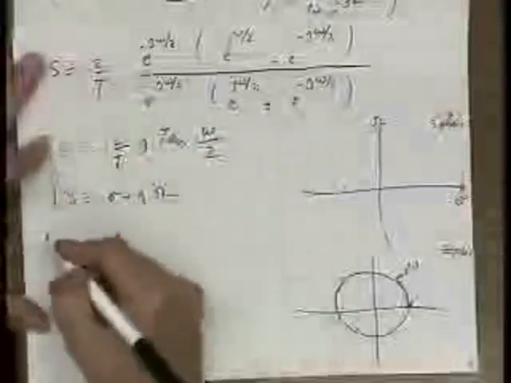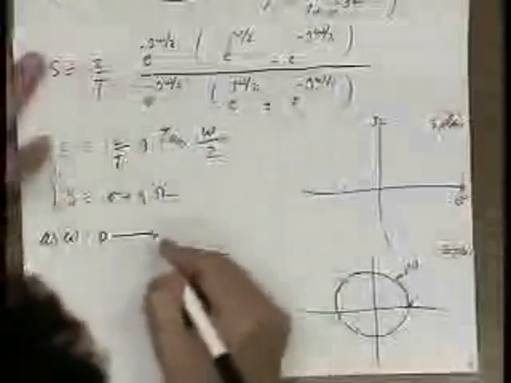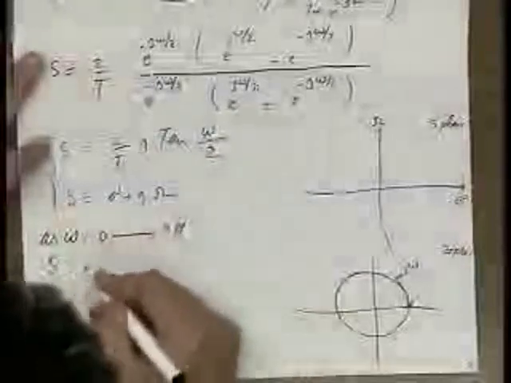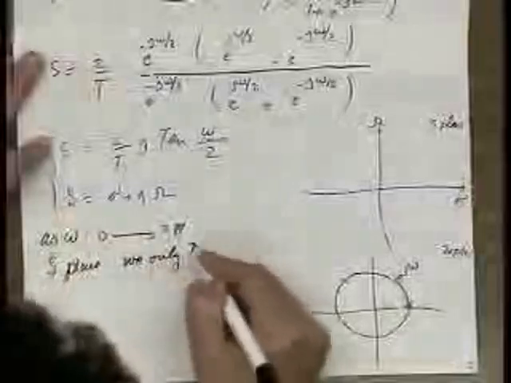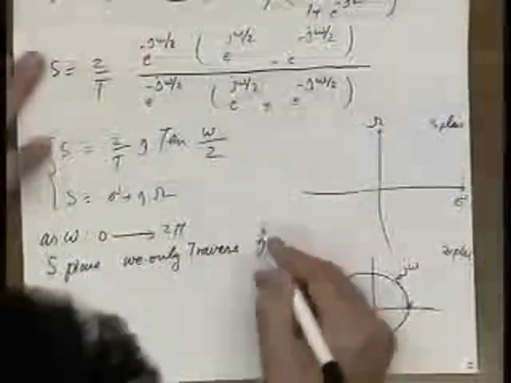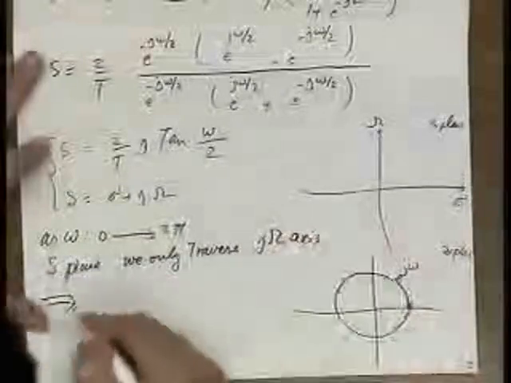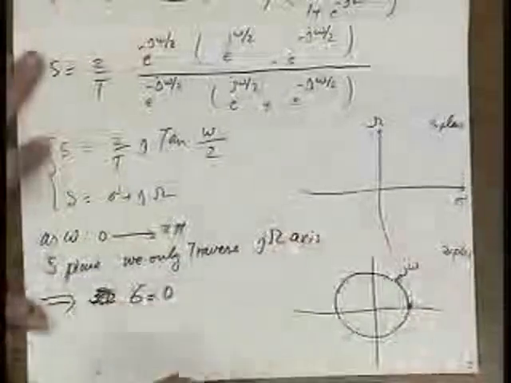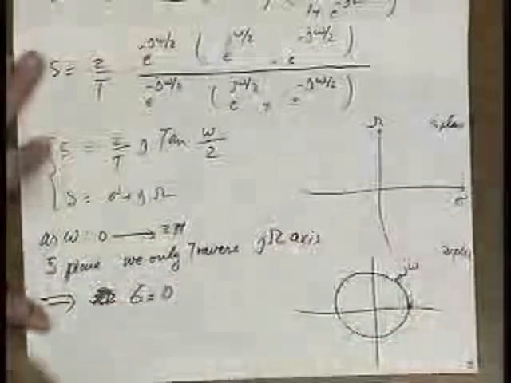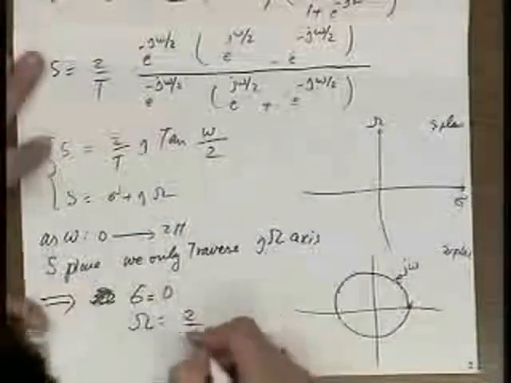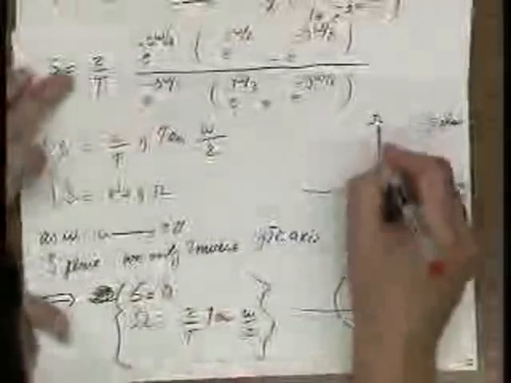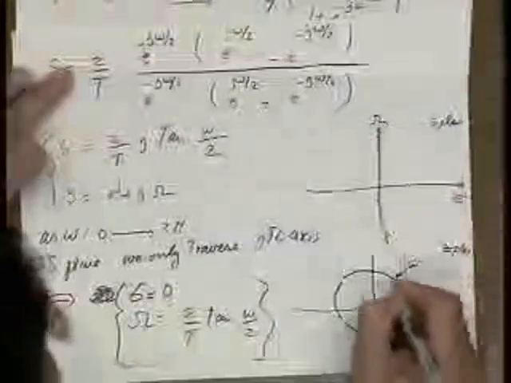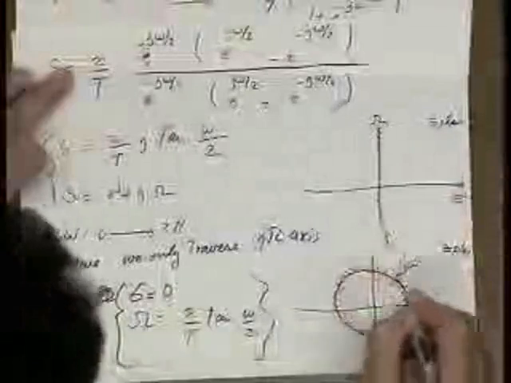As omega goes from 0 to 2 pi, in the s-plane we only traverse the j omega axis. In other words, sigma equals 0, and omega is equal to 2 over T tan omega over 2. So as I traverse here, it gets mapped into here.